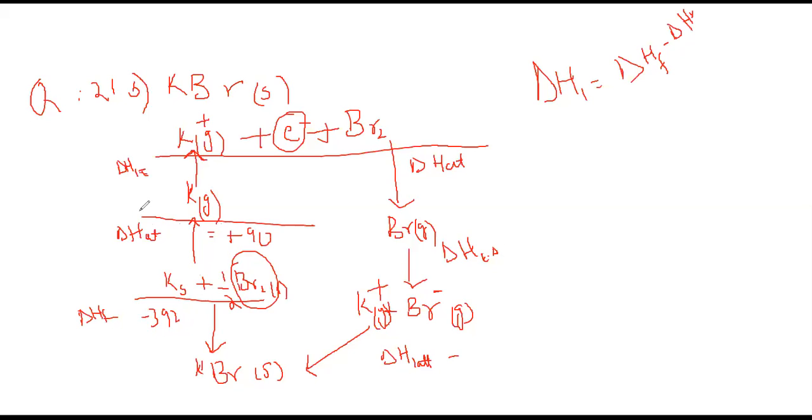When you are ionizing, the ionization energy is plus 420. When you are converting bromine molecule into gaseous atom, the atomization energy is plus 112. When you are converting the bromine gaseous atom into an ion, the electron affinity, the energy released from the system, is minus 342.